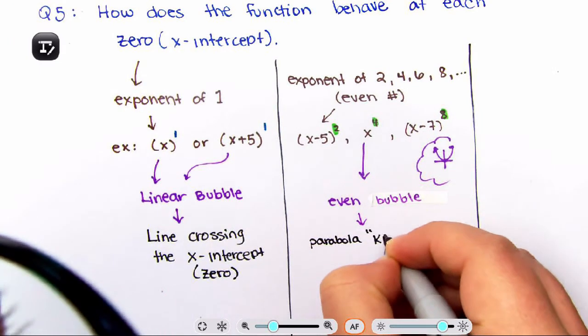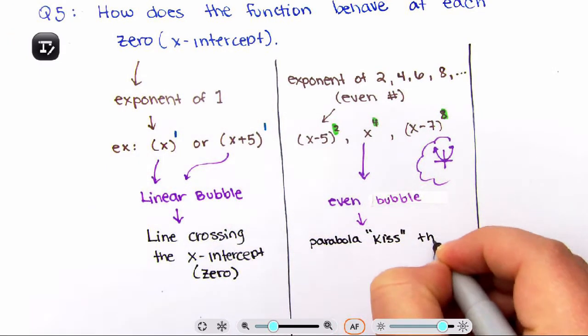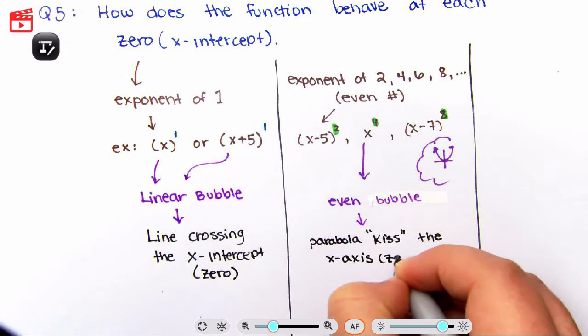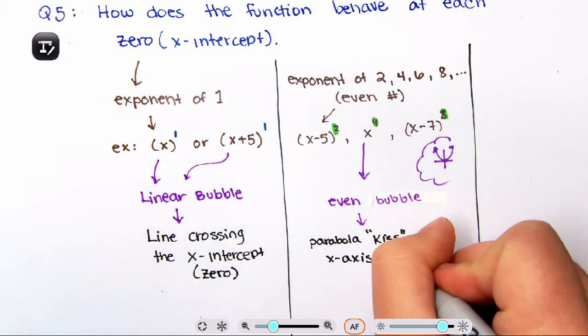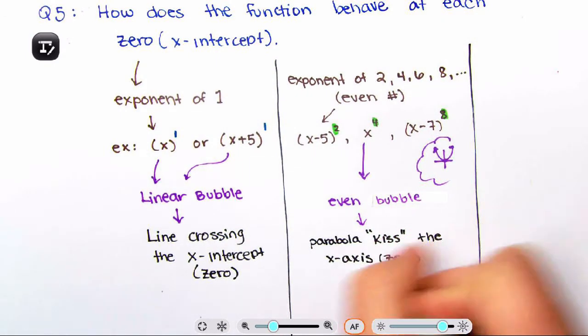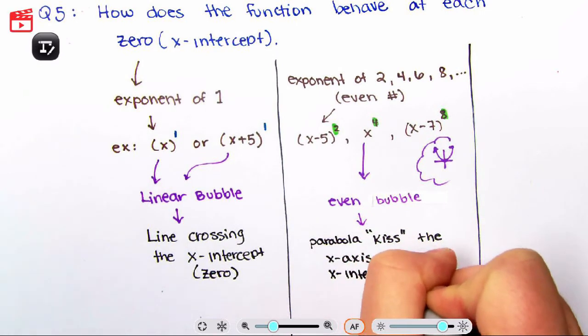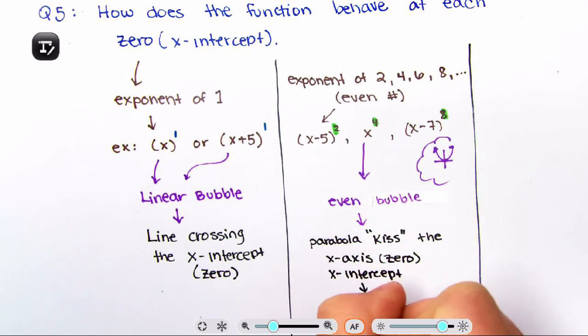We're going to kiss the x-axis at the 0, at the intercept, but we are not going to cross.